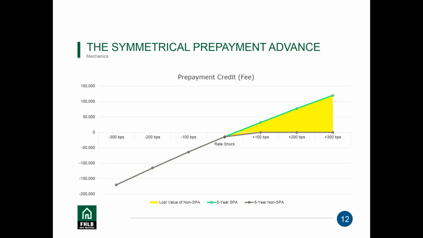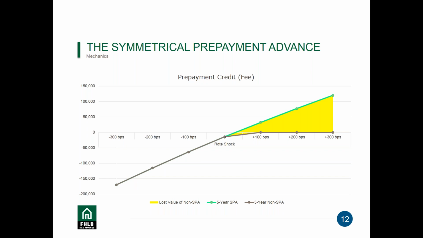So this graph shows the lost value. We'll call the lost value represented in the yellow portion of the chart here the opportunity loss that would be associated with the difference between a regular or an asymmetrical advance and an advance with a symmetrical prepayment feature.